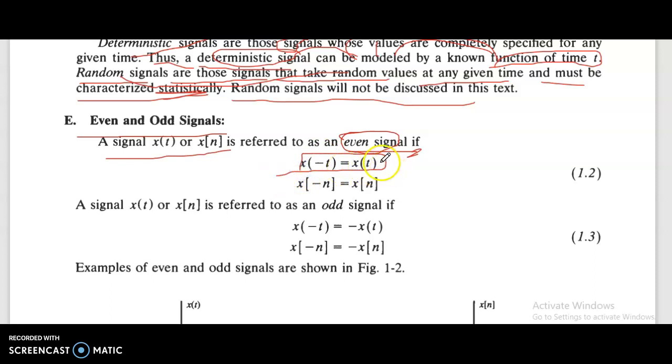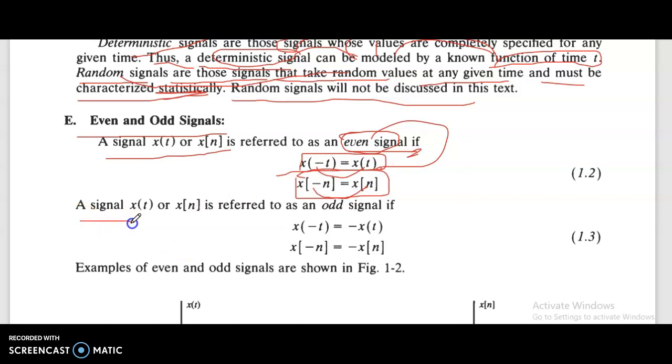It means that even if the time is negative, it equals x of t. Like this, x of minus n equal to x of n. If the negative sign does not change the signal, then it is an even signal.